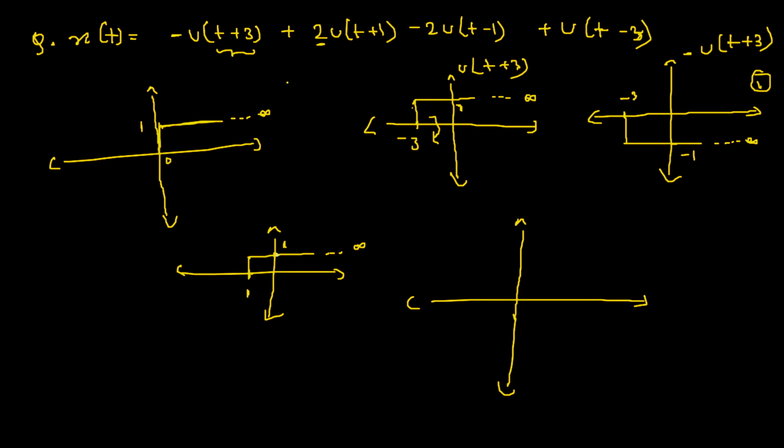It's just the height increases by a factor of 2. So the entire graph becomes 2. So from 1, this is 2 all the way to infinity. So this is my second graph.